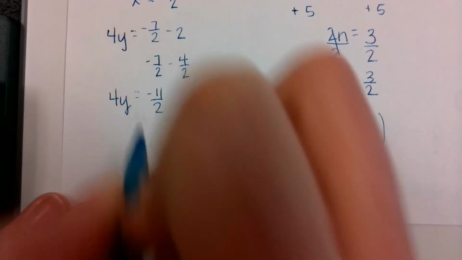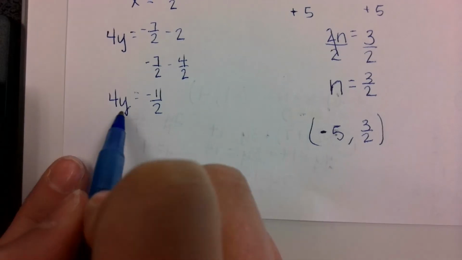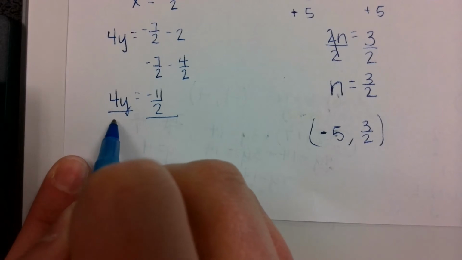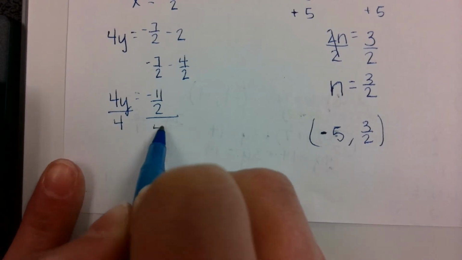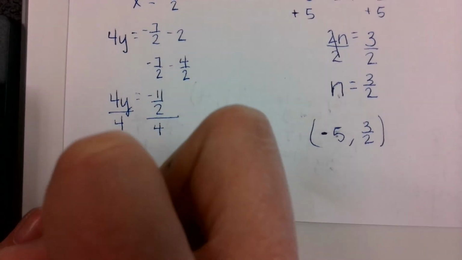How are we going to get y by itself? Divide by what? We're just dividing by 4. Just divide by whatever's in front of y. So we'll have y equals. Now over here, this is where it gets a little tricky.